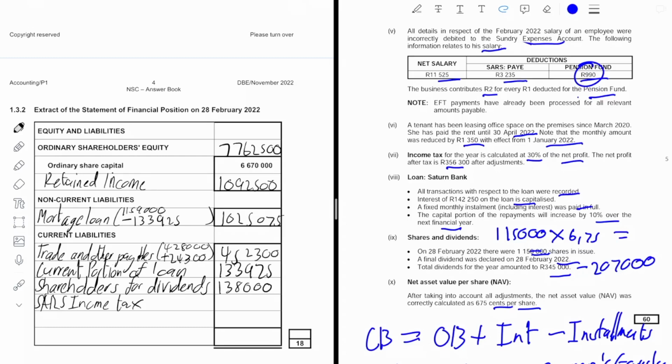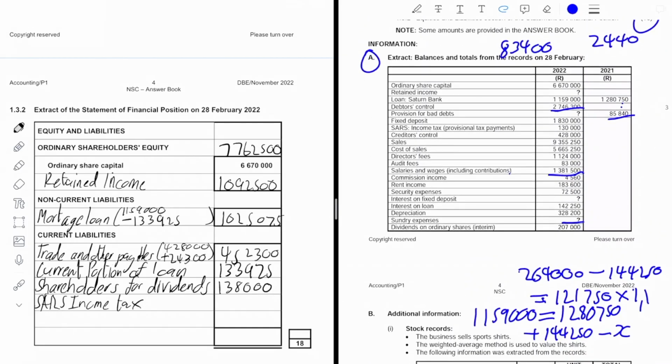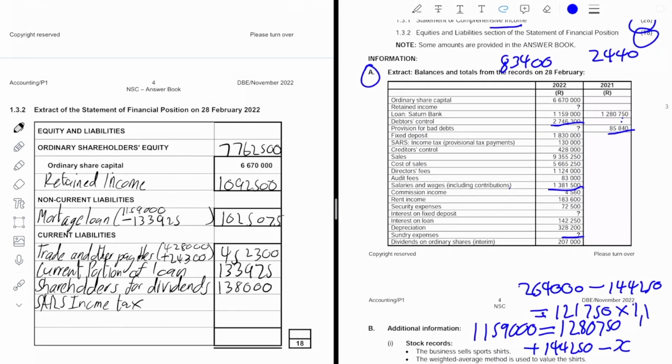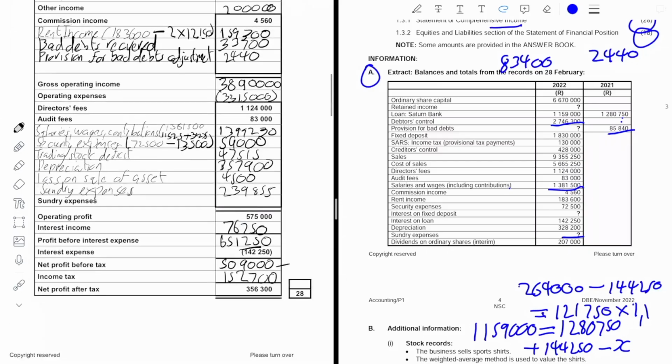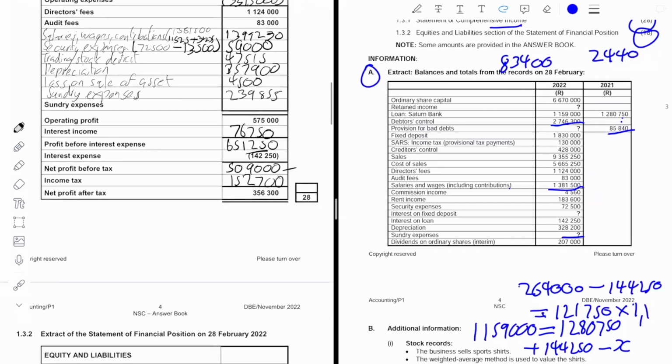That gives me a total figure of 452,300. Okay, and then the last item I need to look at is my SARS income tax. If you look in the trial balance, we did provisional tax payments of 130,000, but if you look in my income statement, the income tax for the year was 152,700.